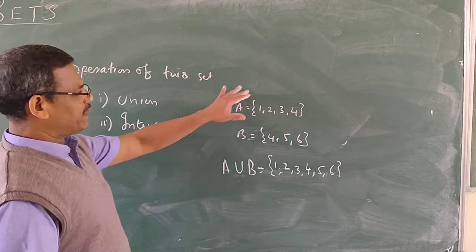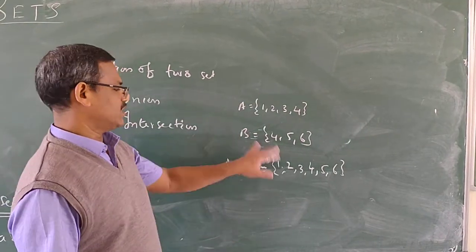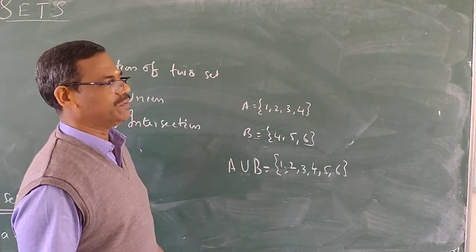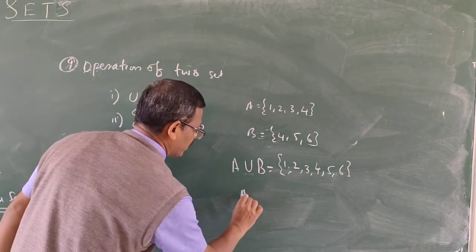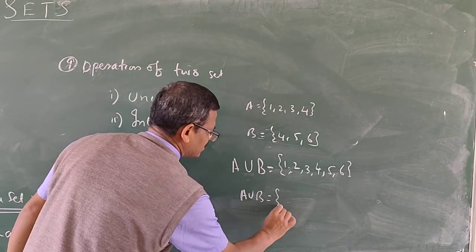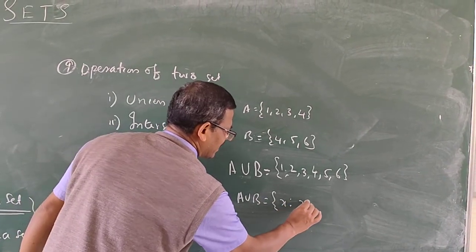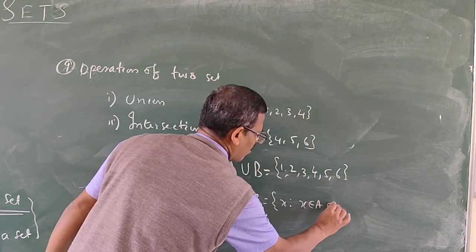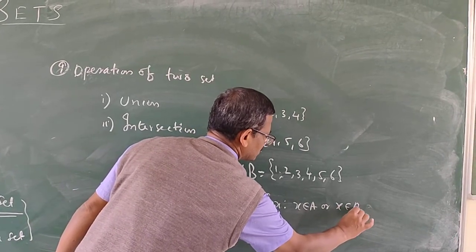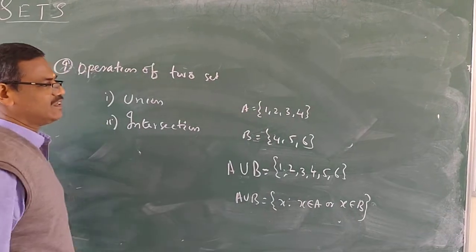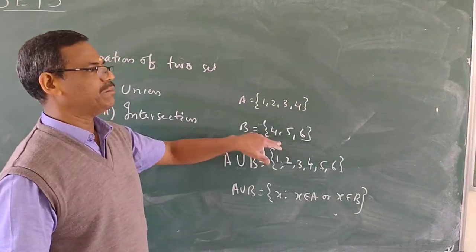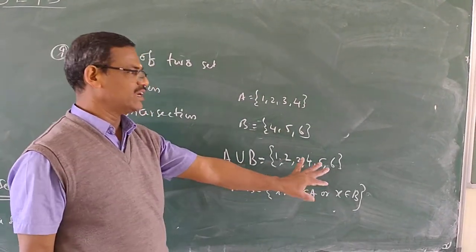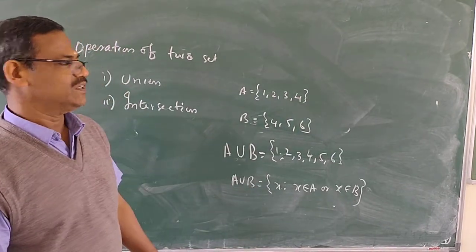That means all the elements of A and B put together is A union B. And the definition of A union B will be written like this: it is the set of all x such that x is in A or x is in B. All the elements of A and B are to be put together, then we get A union B.